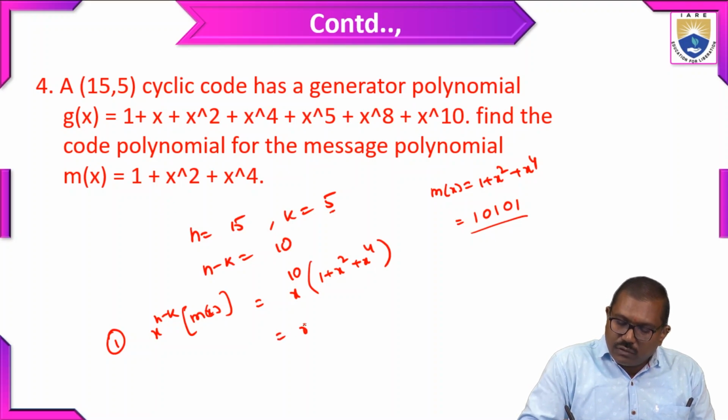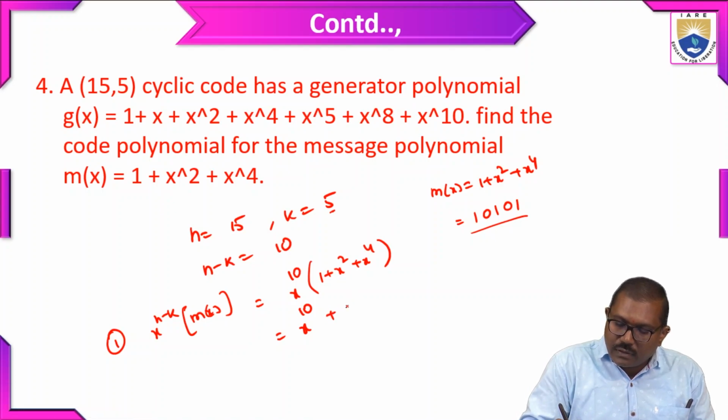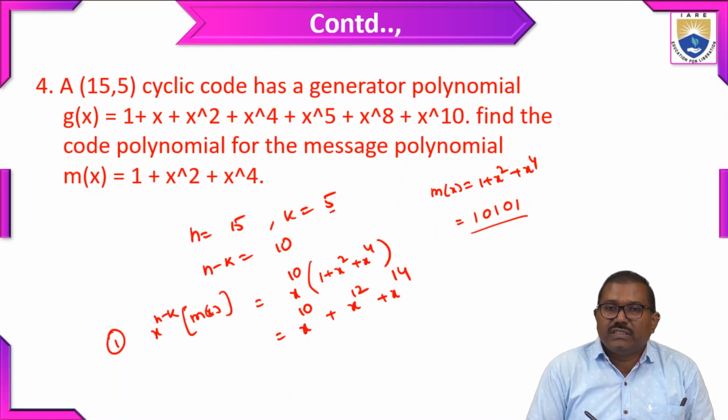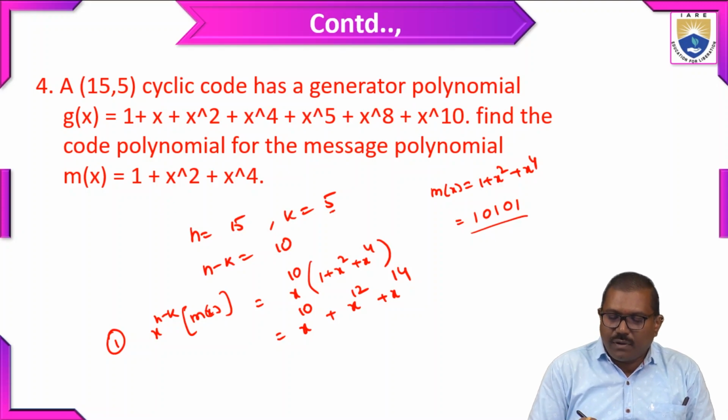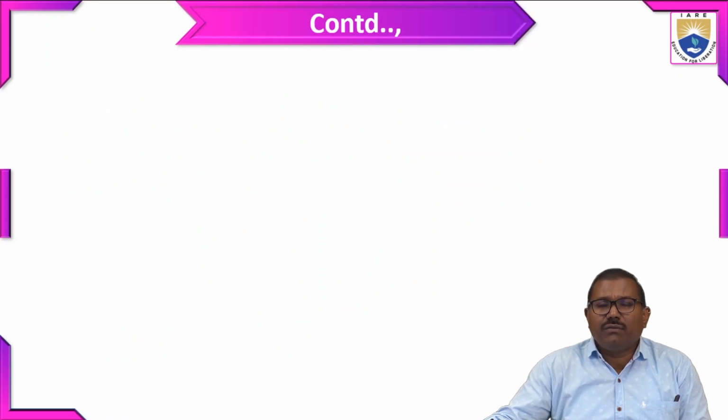So multiply. What did you get? x power 10 plus x power 12 plus x to the power of 14. That's one. This is x power n minus k into m of x. So what is the second one?